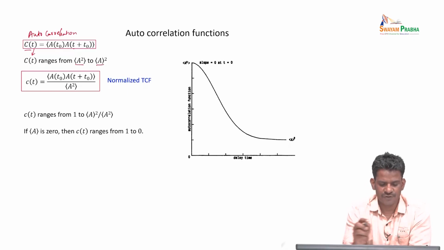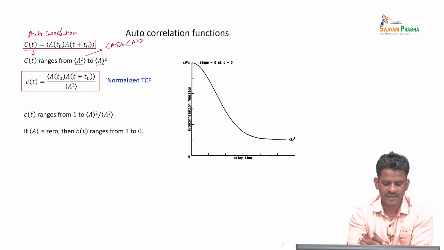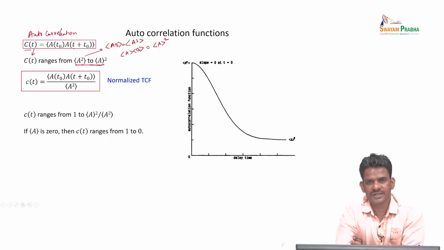This follows from our previous discussion, where for AB this was like this. When A and B are the same, it becomes A squared, and the product of means of A and B becomes the square of the mean. So this is the limit for the autocorrelation function of the same variable.